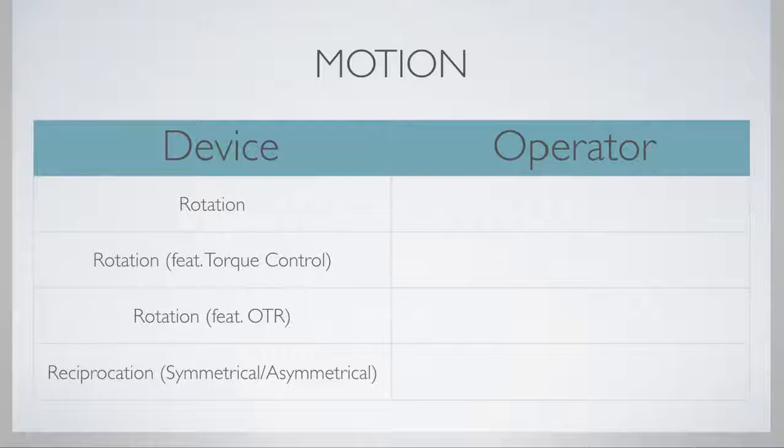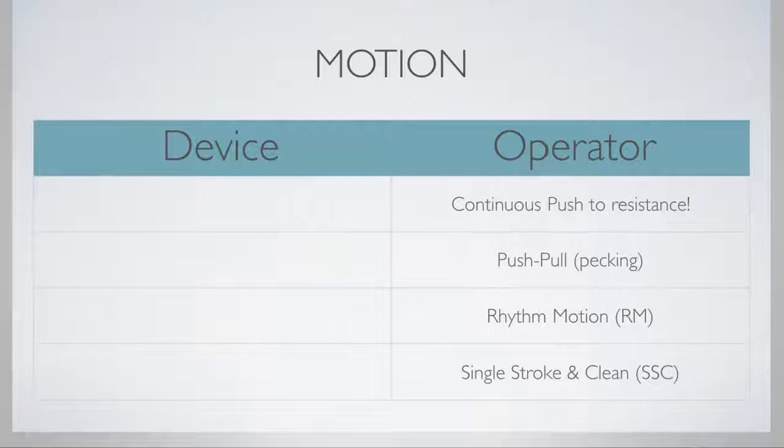Then that type of torque control became optimized, known as OTR, optimized torque reduction, which meant that the rotation wouldn't be fully interrupted. It would simply go back a little bit and continue. And then finally this asymmetrical reciprocation motion came about to help reduce debris loading on the file and the torque on the file.